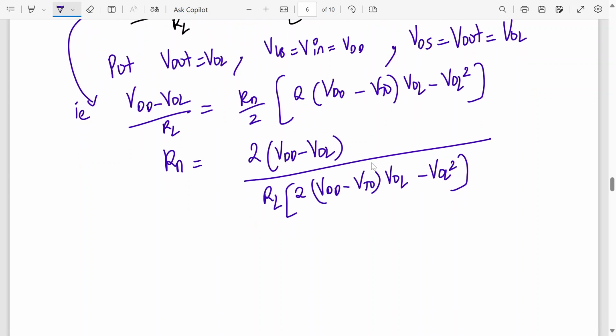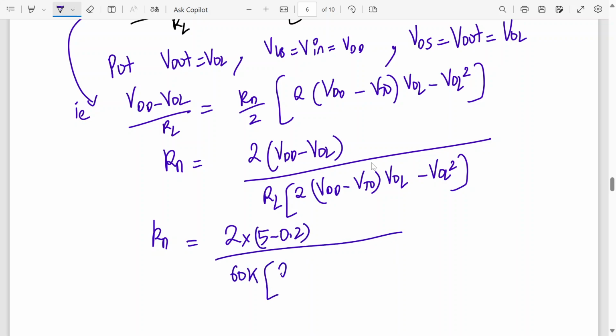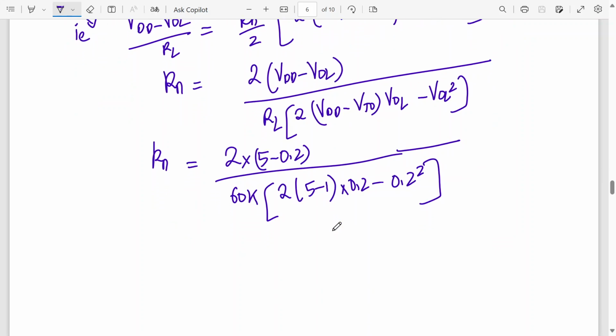Alright, now let's substitute the values. Kn is twice into 5 minus 0.2 divided by, this is 60k, this is twice into 5 minus 1 multiplied by 0.2 minus 0.2 square. Okay, this is the value of Kn.